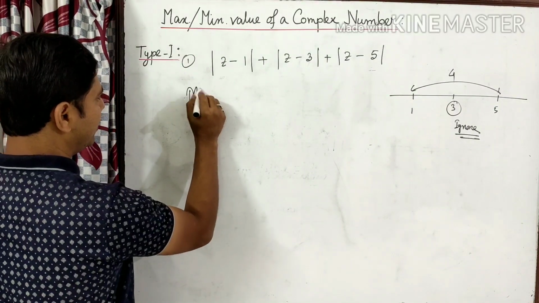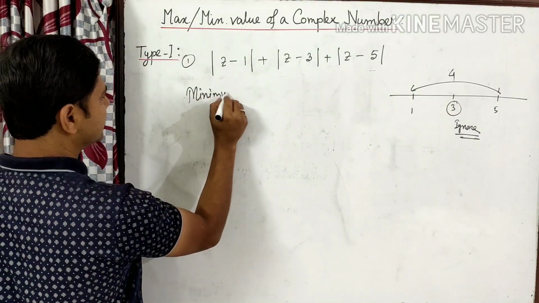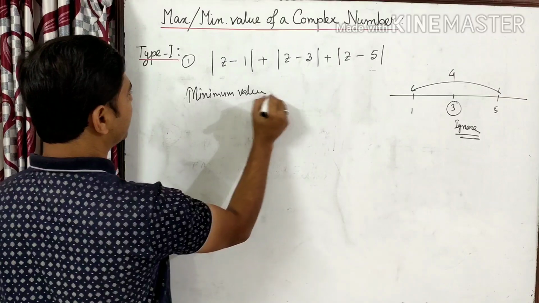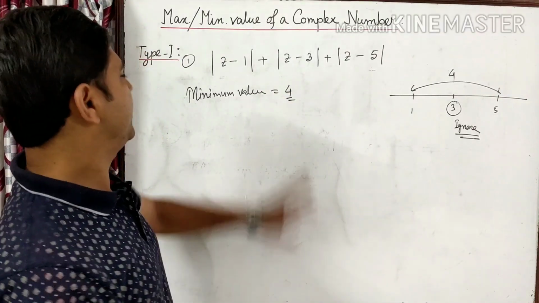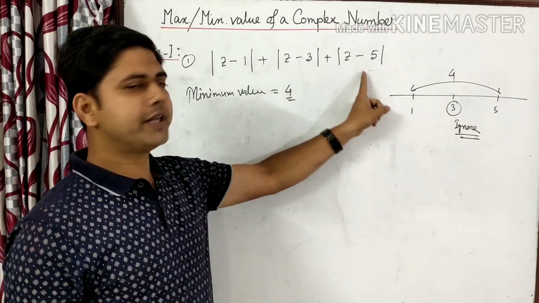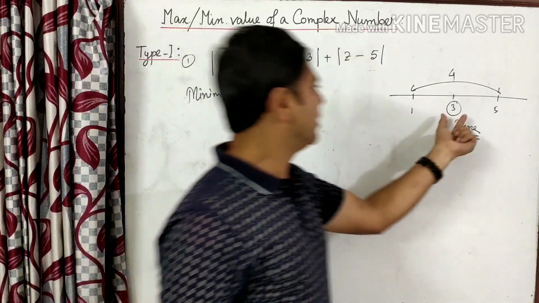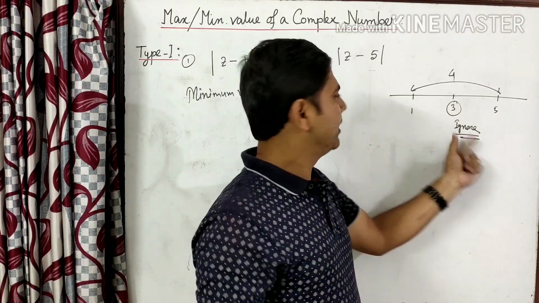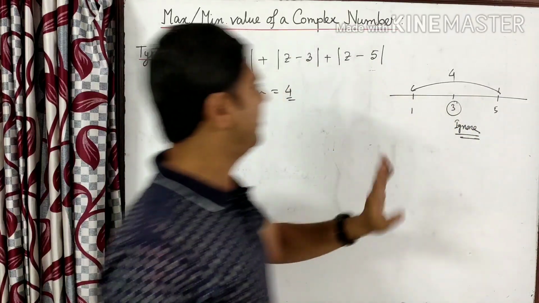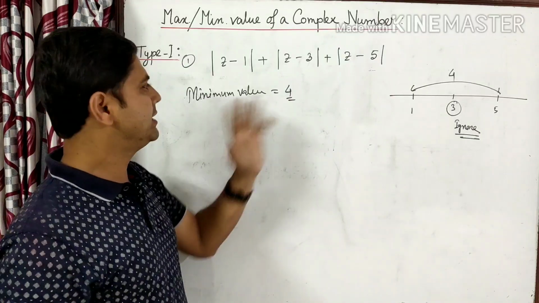Therefore the minimum value of the expression is 4. That is the shortcut way. That means if you have 3 terms, then you have to ignore the middle term. Then the difference between 1 and 5 is 4. That is the minimum value.